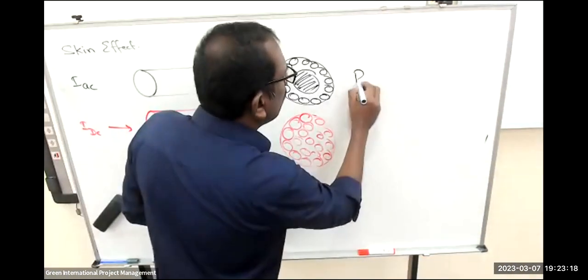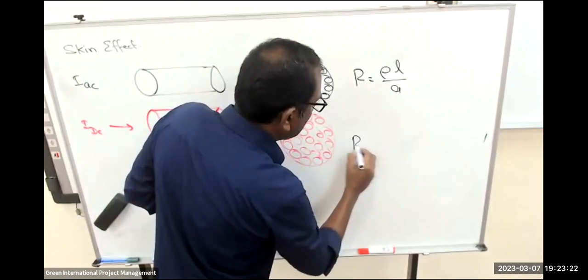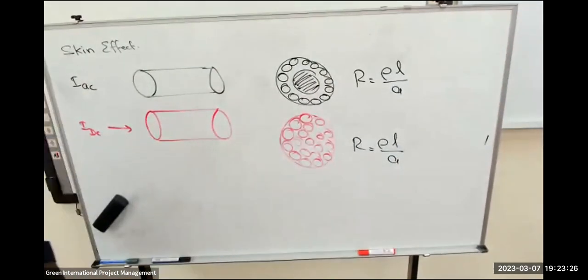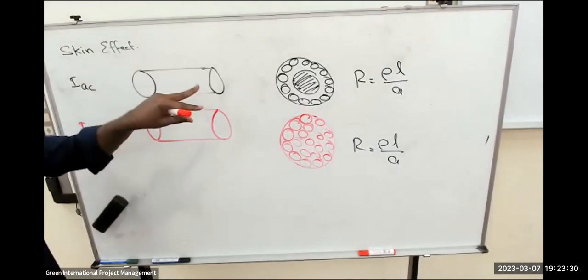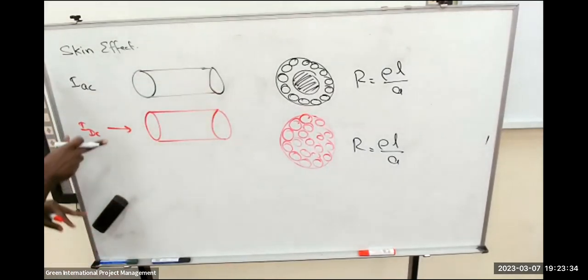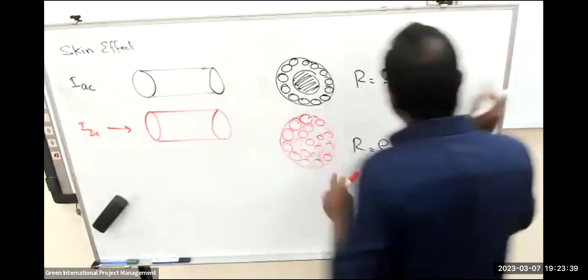So R is equal to rho L by A. This is the general formula for both conductors, because both conductors have the same material, same length, and same cross-sectional area. Now if we give DC current and AC current, what will happen?